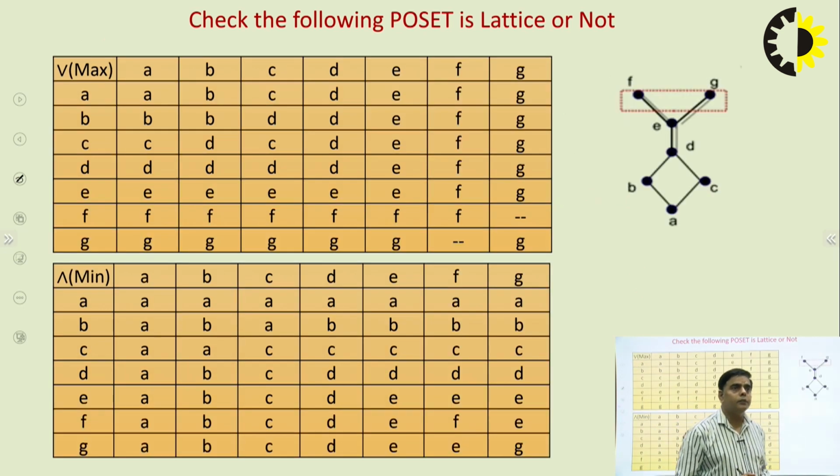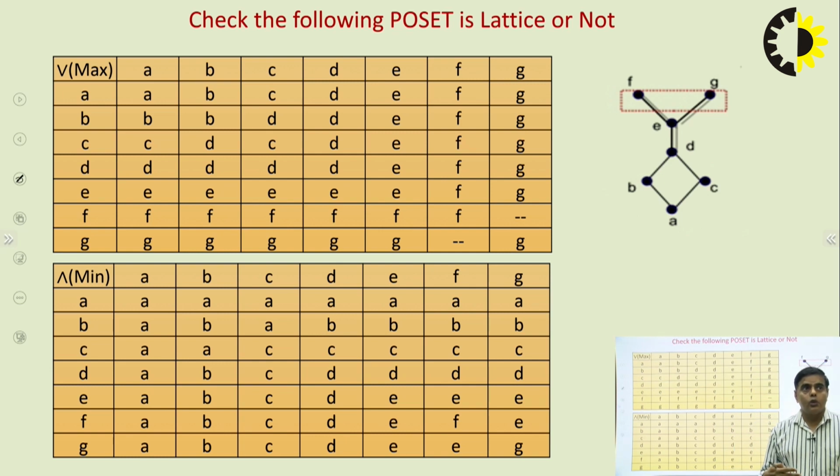Next example: suppose this is a structure and we have to find out whether this particular poset is a lattice or not. Again, we have to find out the LUV and GLB for each and every pair. So we will create a table for each and every element mentioned in the diagram.